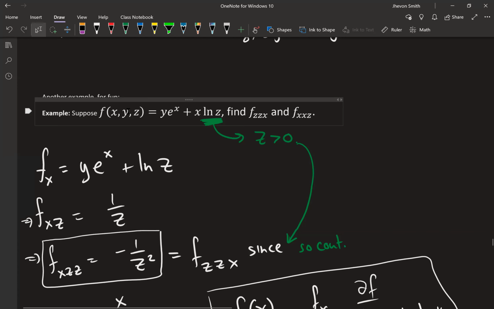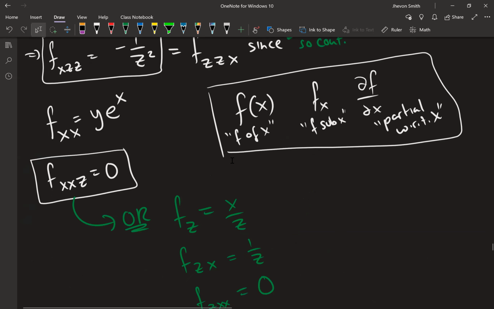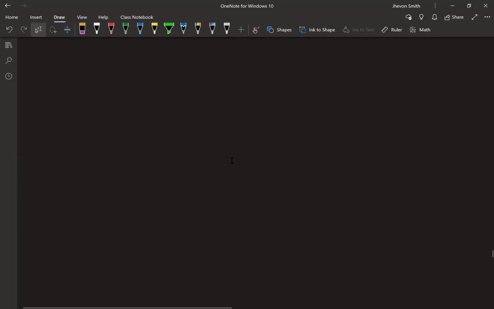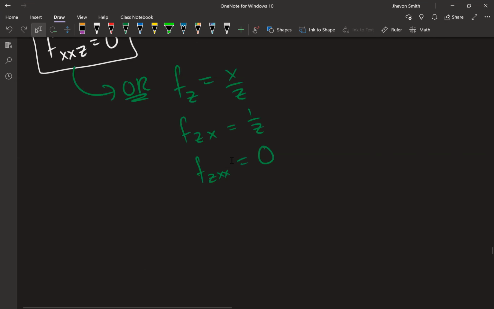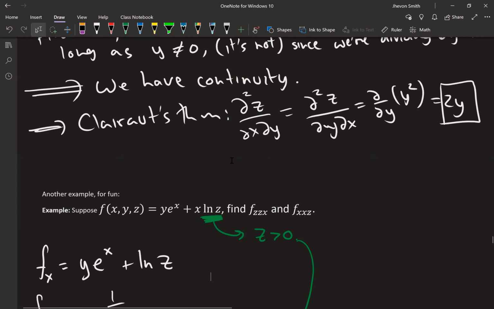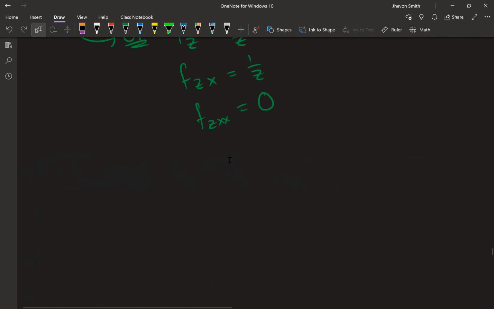I would assume for something like this that it is continuous wherever we're taking derivatives, because the only problem would have been if z is less than or equal to 0, but you wouldn't write this down in the first place if that were the case. Could you give us an example of where we could recognize that it's not continuous? Maybe there's going to be an example later on.